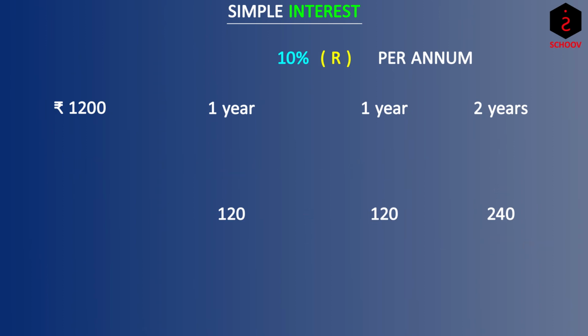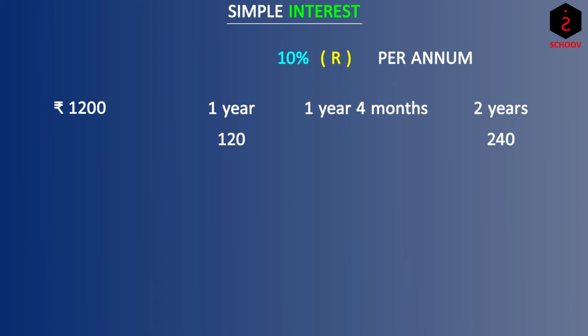But is it always in years? Lender can ask for return, or borrower can promise to pay back any time, even in months. So, suppose in this case he has to return in 1 year and 4 months, how do we calculate the interest then? Actually, since the rate is per annum, per year, we must convert this time into years.